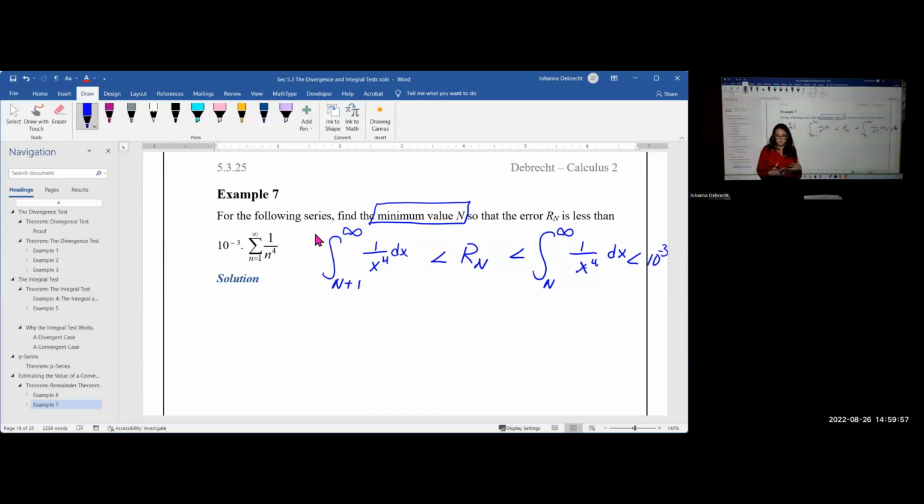Now we're going to reuse the work we did above, and we're going to say that this integral from n plus 1 to infinity of dx over x to the 4th, which has to be less than r sub uppercase n, has to be less than, and then we're going to substitute in, of course, the limit as c goes to infinity of the integral from n to c of dx over x to the 4th. And we're going to use what we had up above in order to find those values.